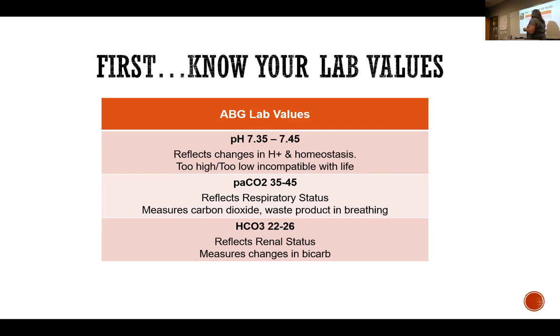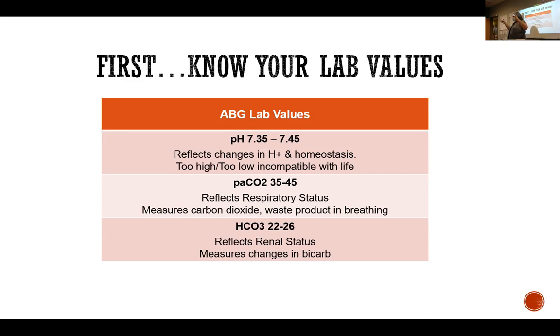So these are the numbers that you need to know. pH, that is if we're in homeostasis, 7.35 to 7.45. CO2, carbon dioxide, 35 to 45, that reflects our respiratory status, right? And then bicarb, 22 to 26. Please make note, in your book, I think they have a wider range.